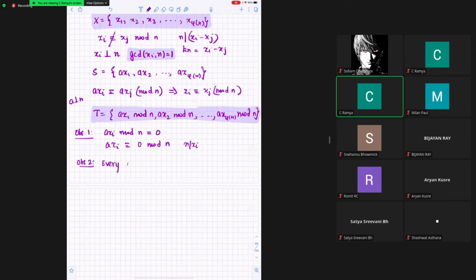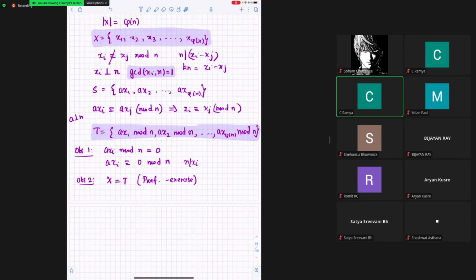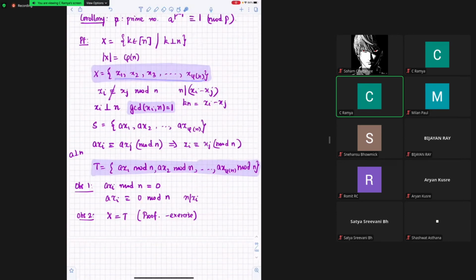So here is an observation: every element of T is congruent to some element of X. So one claim is X is equal to T. I will leave the proof as an observation for you. 0 is not there, and all numbers are between 1 and N minus 1.